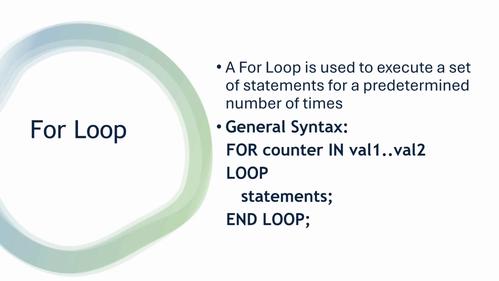In that case, we can use value1 as 1 and value2 as 10, so the range will be 10. The counter is a variable that will hold the value, starting from 1 to 10. Then within the loop, we mention the statements. The statements will be executed as many times as the value of this range. If the range is 10, the statements will be executed 10 times. If it is 20, they will be executed 20 times.